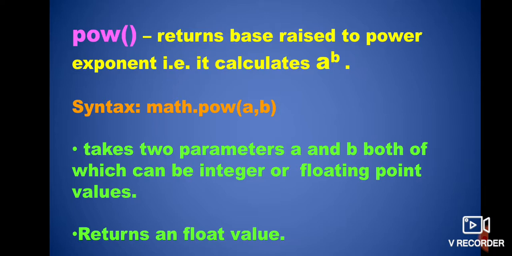The pow function of the math module will always return a float value, no matter whether its parameters are integer or float, whereas the inbuilt pow function might return an integer result or a floating result depending upon the data type of these two parameters. Clear? We'll see this difference practically too.